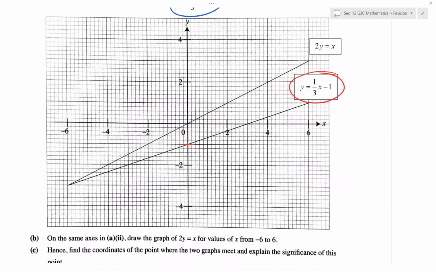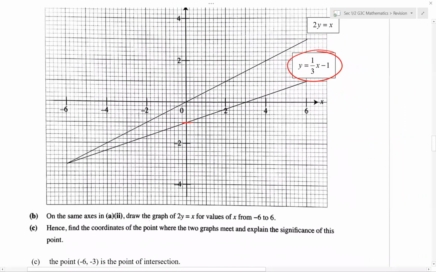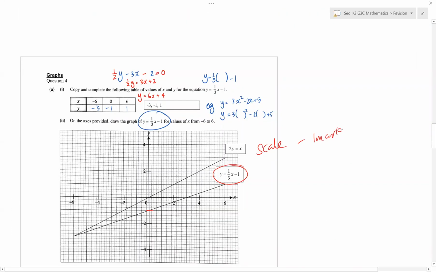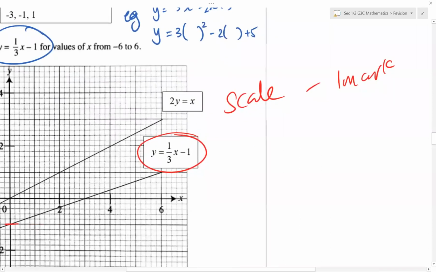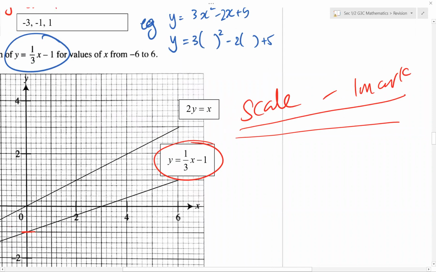So let me remind you again, for graph drawing, scale, 1 mark. So if they say 2 cm to 1 unit on the horizontal axis, 2 cm to 5 units on the vertical axis, you follow that, you get 1 mark already without plotting anything. Then you plot in your points. There are 3 points over here.